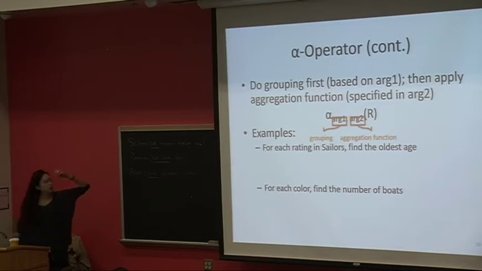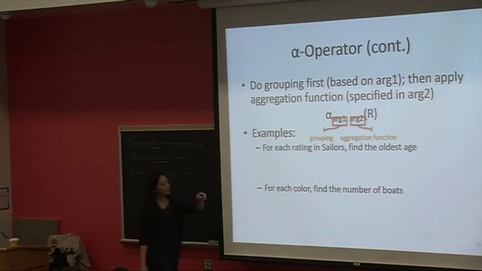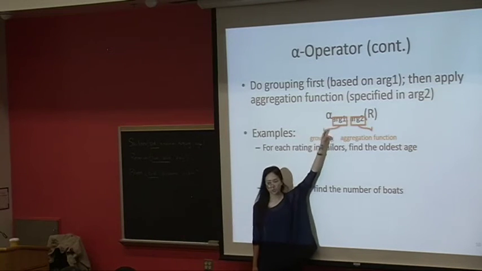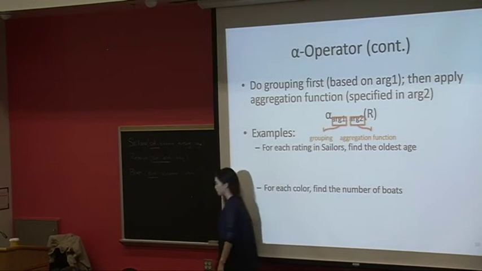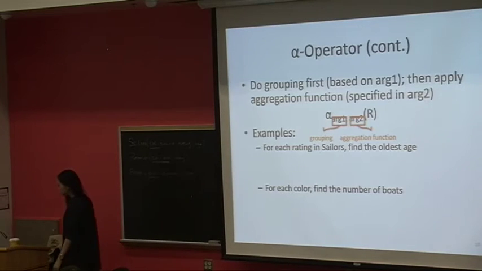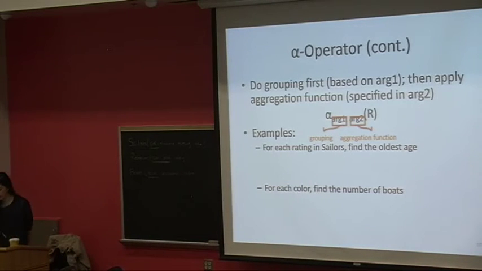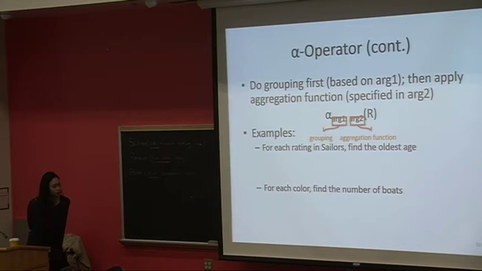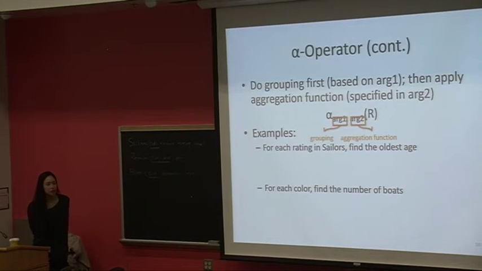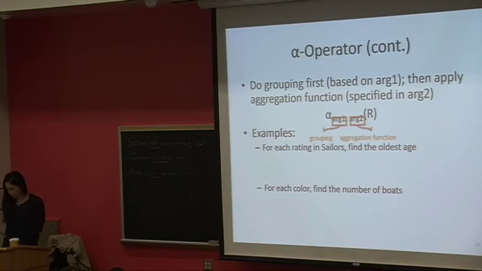Normally, the way we do grouping is just putting the field name that you want to group by. That would be it. So think about how we would do, for each rating in sailors, find the oldest age. You group by rating first, and then find the oldest age among each group. How would you do it? What would the first argument be?